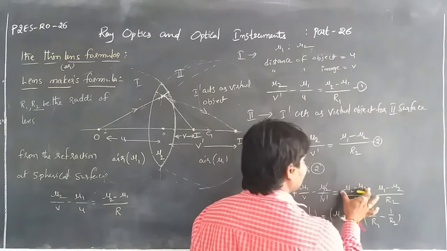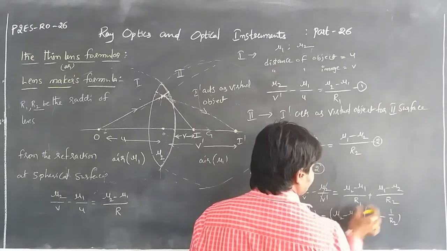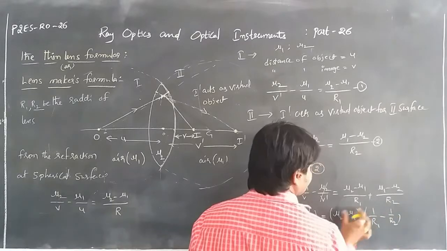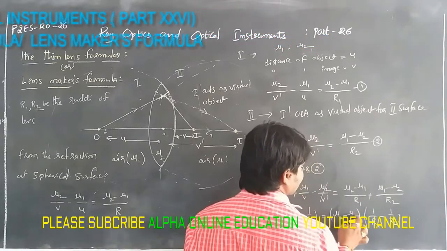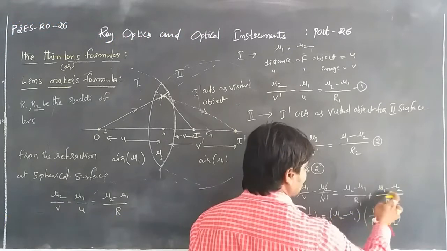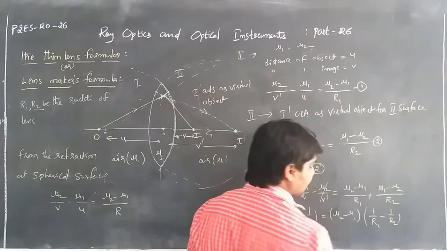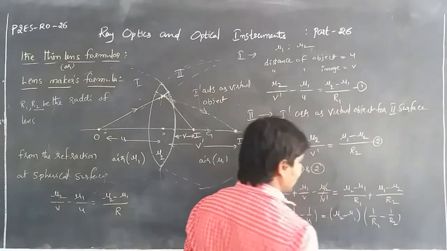Whenever we take a minus common, multiplying minus with minus gives us this equation, mu2 minus mu1 into 1 by r1 minus 1 by r2.